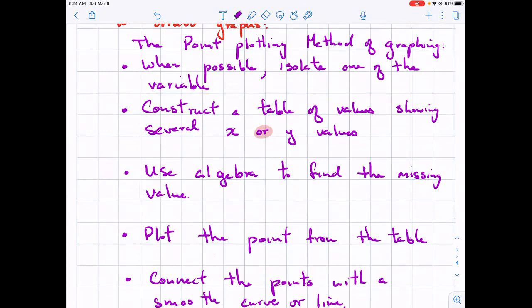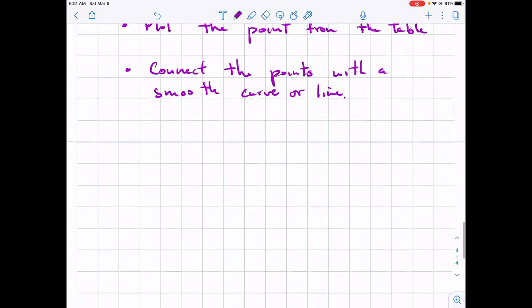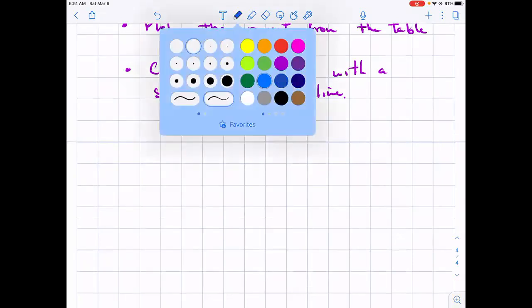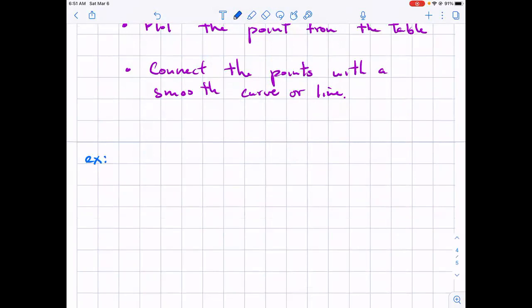So this is just the table method, right? So let's look at an example. Sketch the graph of 3x plus y is equal to 7.